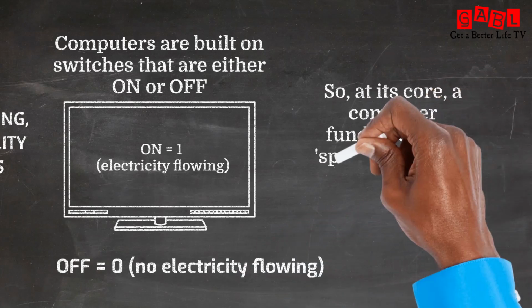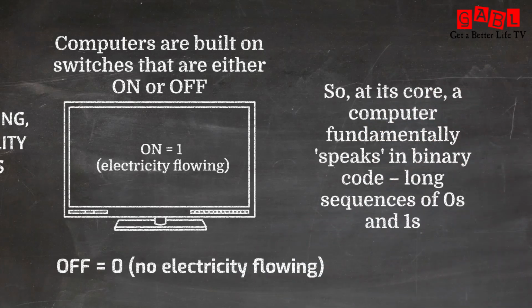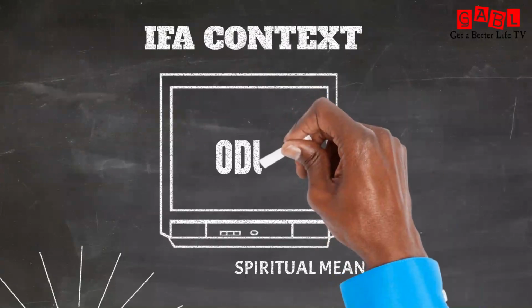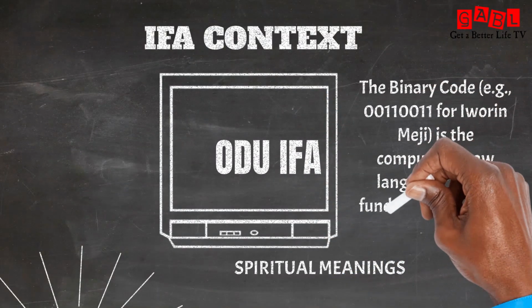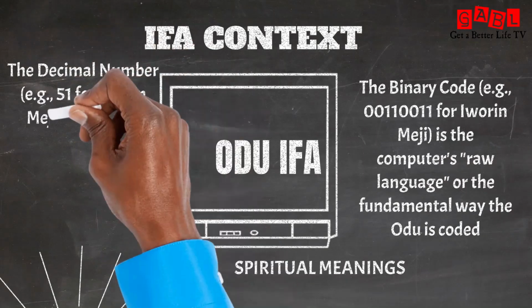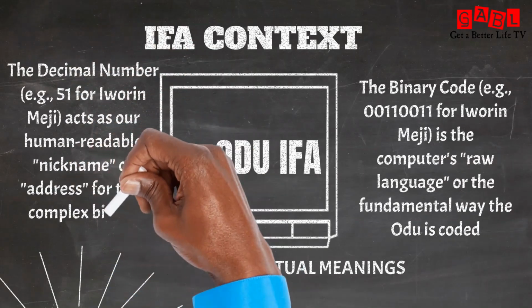Then off represents 0, meaning no electricity flow. So, at its core, a computer fundamentally speaks in binary code, long sequences of zeros and ones. Then 3, how do you communicate? In our Ifa context, the Odu Ifa pattern is a sacred visual form.